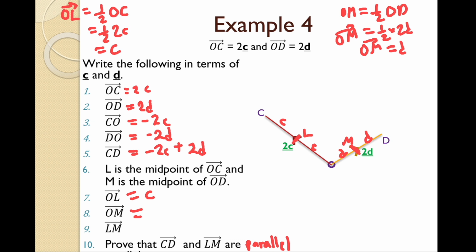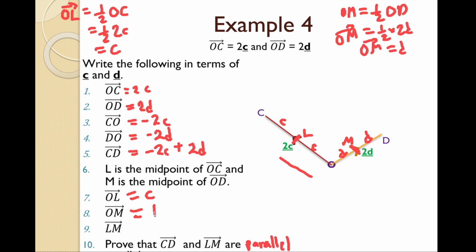If L is the midpoint of OC, that must mean that OL is half of OC. Can you see that? So O to L must be half of the full O to C. You follow me now, right? Okay, good.